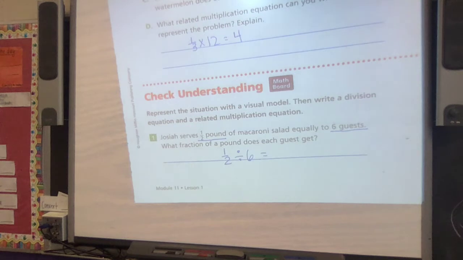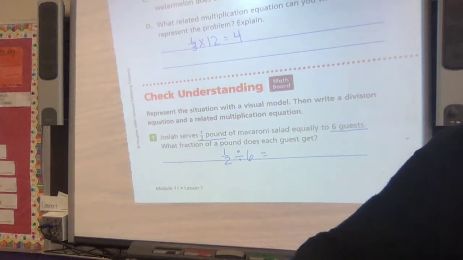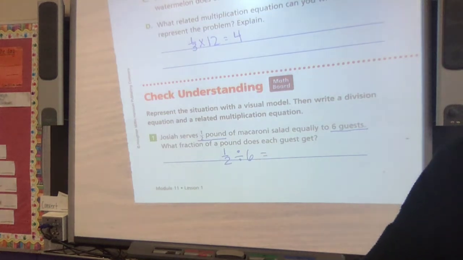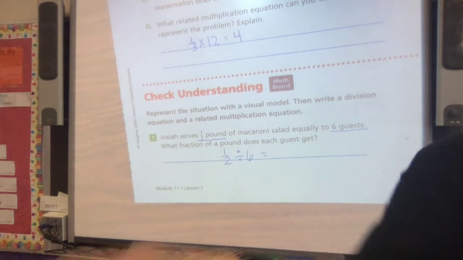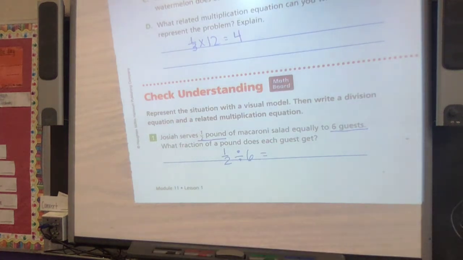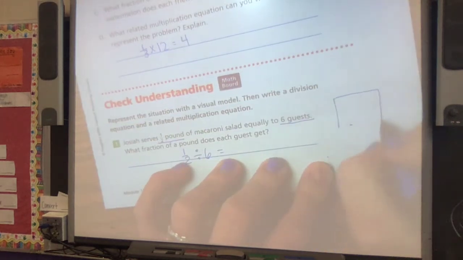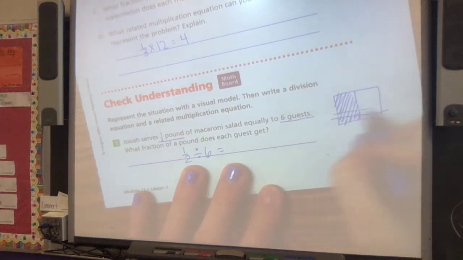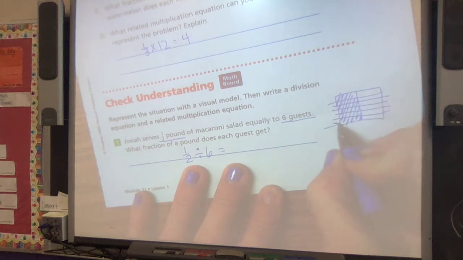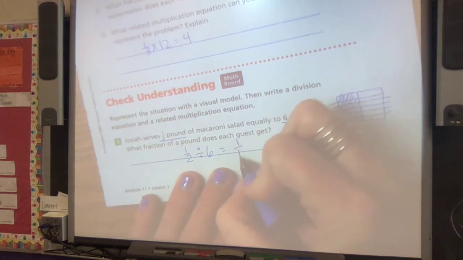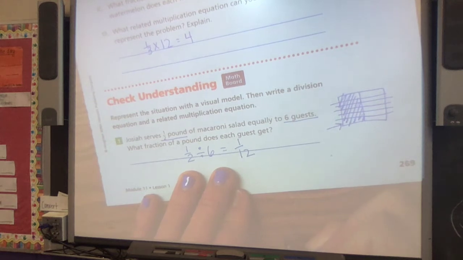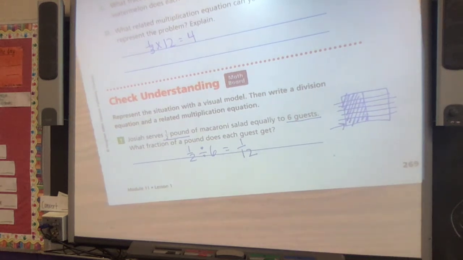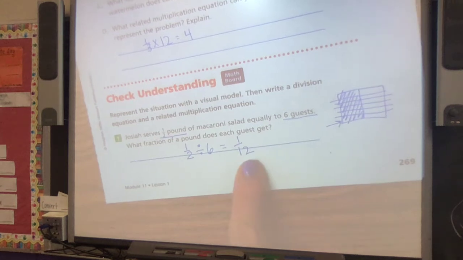So that is not going to be a lot of macaroni because all 6 friends are having to share the 1/2 pound. If we're drawing this visual model, we are starting with only a 1/2. That's all we have. And then we're putting it into 6 parts. And everybody will get this one little piece, which is 1/12. You're getting a little piece.